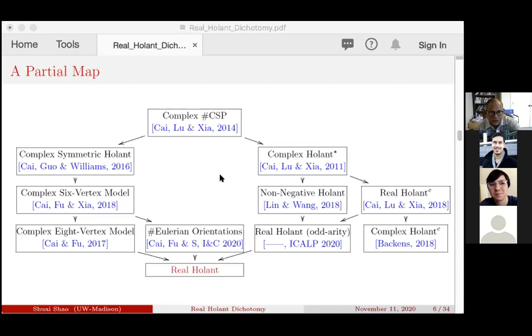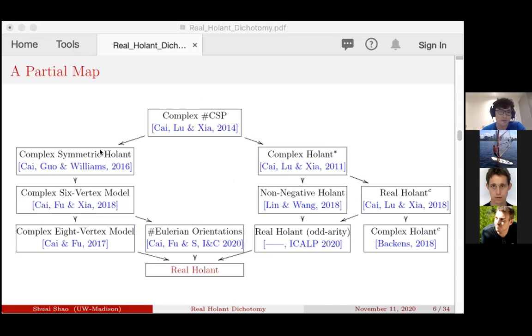And the other direction is to prove dichotomy results for some special cases of Holant problems, such as 6-vertex models, 8-vertex models, and counting Eulerian orientations. The dichotomy for real-valued Holant problems is built on all of them. But as you will see, this is an arduous journey with many wholly unexpected obstacles.